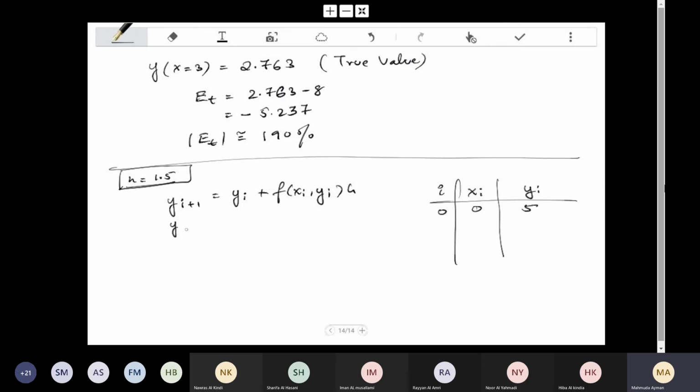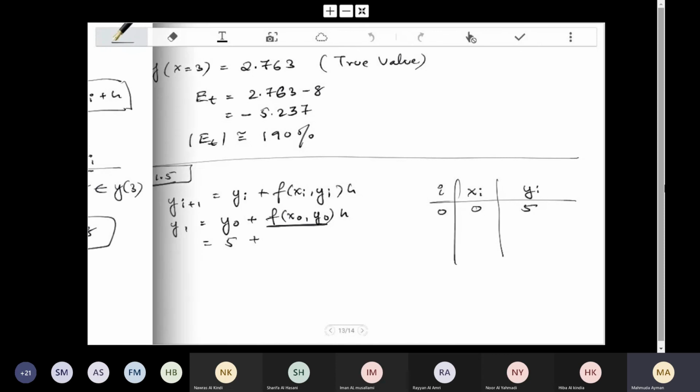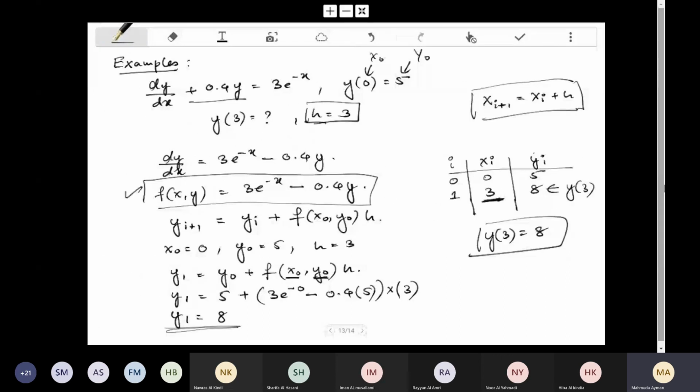So for y1, we would have y0 plus f of x0, y0 times h. So that y0 is 5 plus, in the function that we have here, we'll put in the value of x0 and y0.